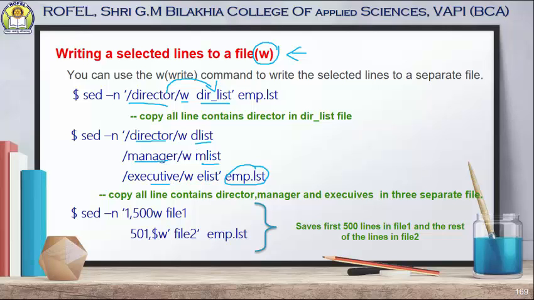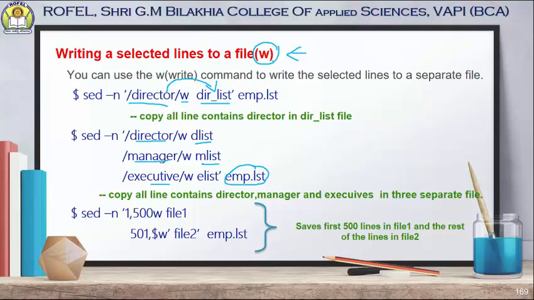All the lines are found from this emp.lst, and all these patterns you have to write in a single group of quotes. Fine. So it will copy all the lines which contain director, manager, executive into 3 different files, or 3 separate files, in one single command. So are you getting what is the use of this W?